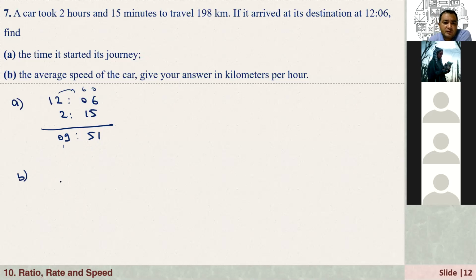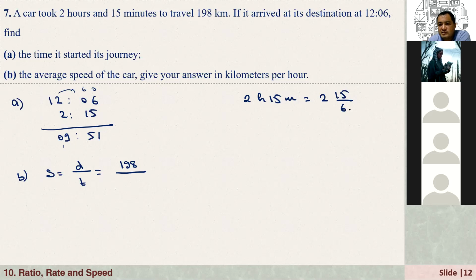B, the average speed of the car, give your answer in kilometers per hour, right? So the average speed of the car is total distance traveled over total time taken. Total distance traveled is 198 kilometers over the total time taken, which is 2 hours and 15 minutes. We know how to convert this. That's equal to 2 hours and 15 over 60, or 1/4.